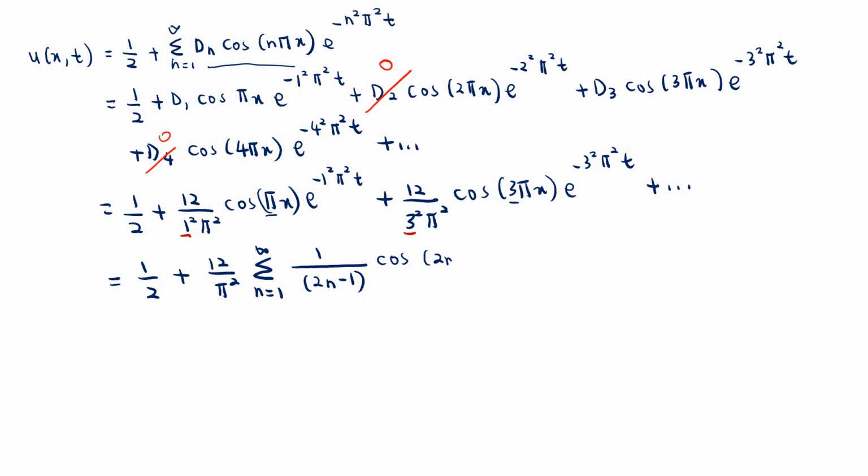So this will be (2n minus 1) pi x, times exponential, and the same goes with this part. For the negative, we just remain negative, (2n minus 1) squared pi squared t. So this is the solution of the PDE with the given boundary condition and initial condition.